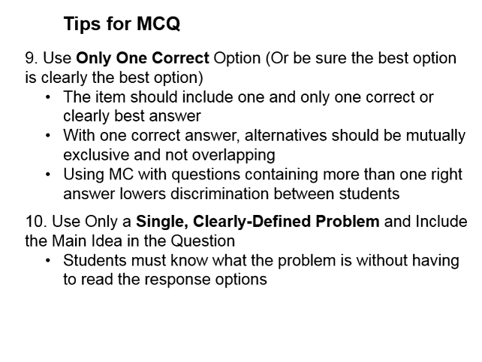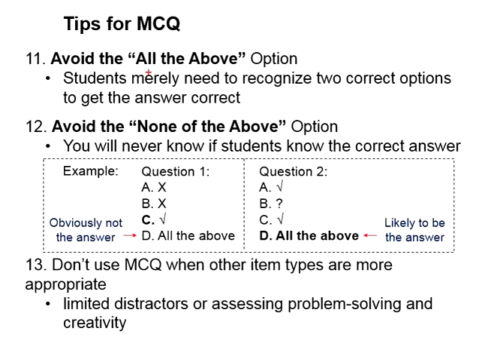The problem needs to be clearly defined, or the main idea should be effectively delivered. Students must be clear what they should do and what kind of answer they are looking for by reading through your question. 11. Avoid all of the above options.